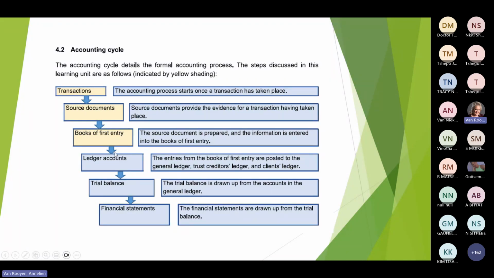And from that book of first entries, it goes into ledger accounts. From the ledger accounts, we do the trial balance. And from the trial balance, we then draft the financial statements.